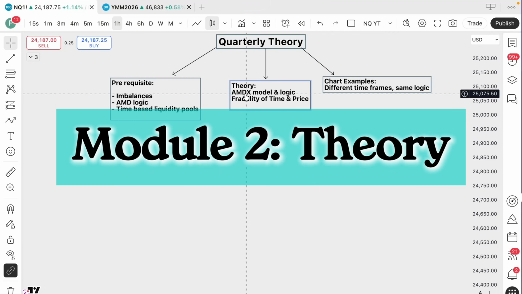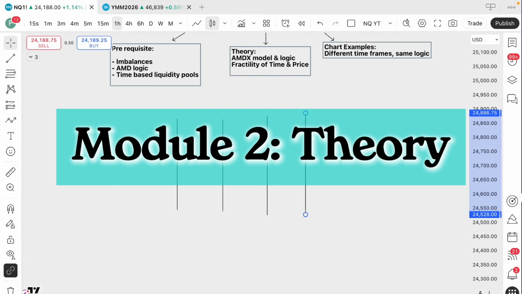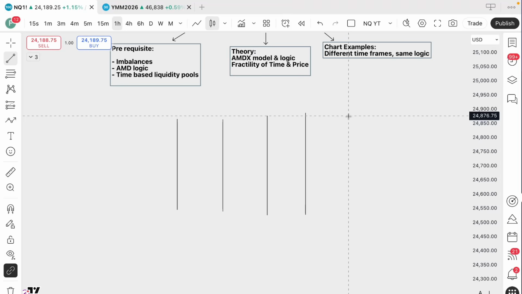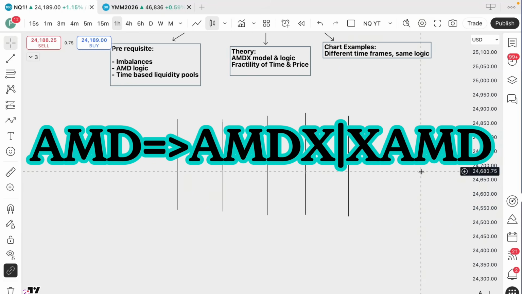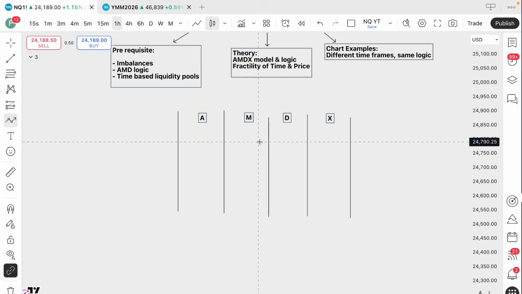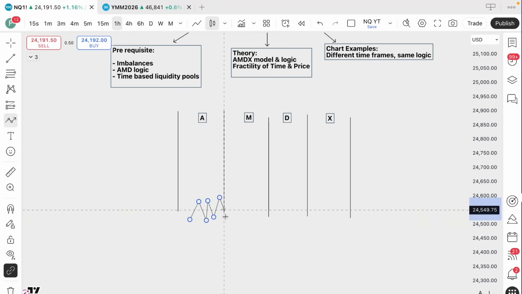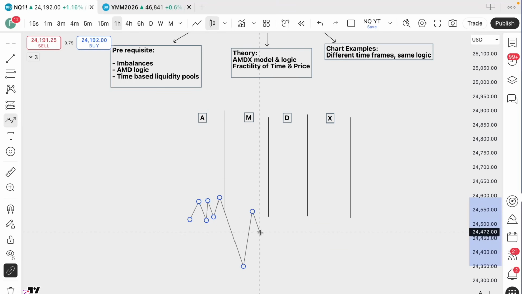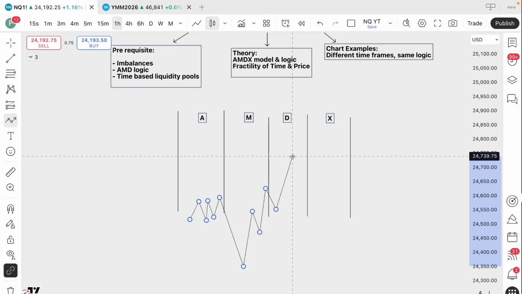The AMDX model. Right now, what we're doing is introducing a fourth function, which is our X. We're saying, okay, there are not three functions anymore within each cycle. There are four functions actually. Now things get interesting. So we had our accumulation, our manipulation, and our distribution.